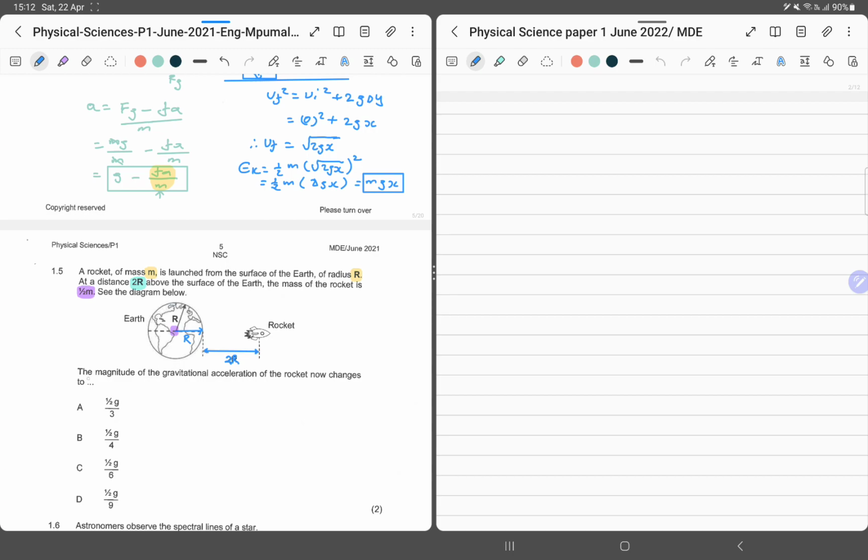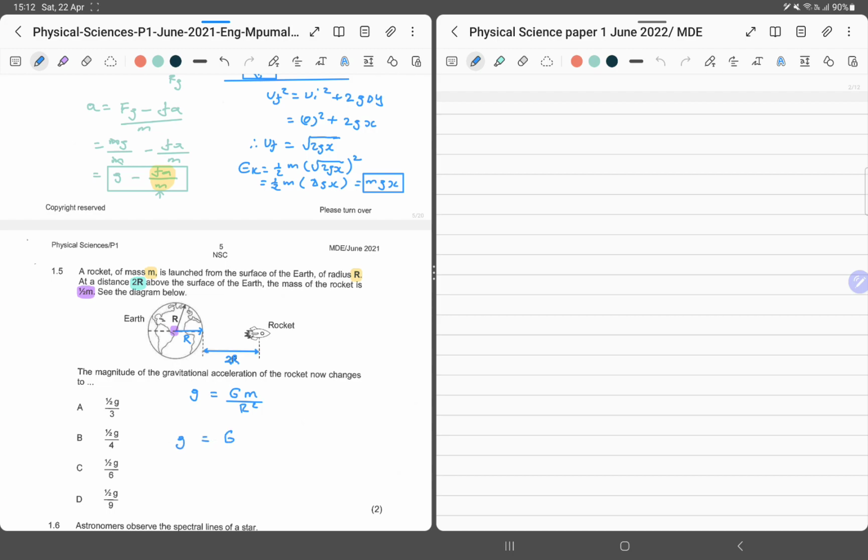Now I told you the magnitude of the gravitational acceleration of the rocket now changes to, remember, gravitational acceleration is given by small g equals capital G, the mass of the Earth, over the radius squared. So this gives us g. But now what would be g in the next instance?